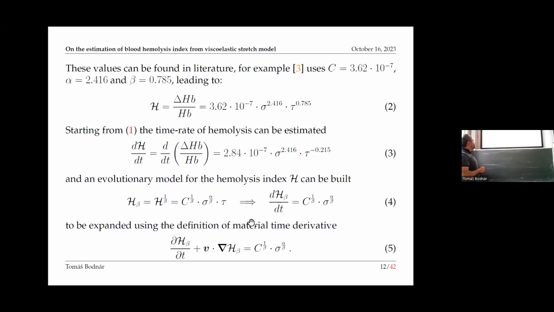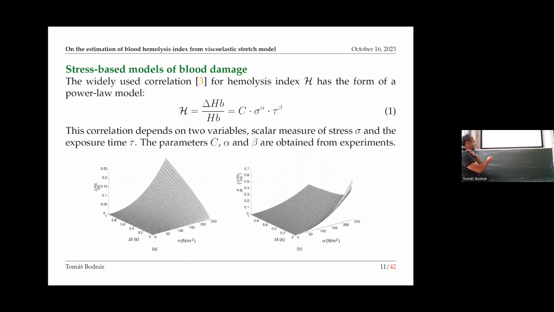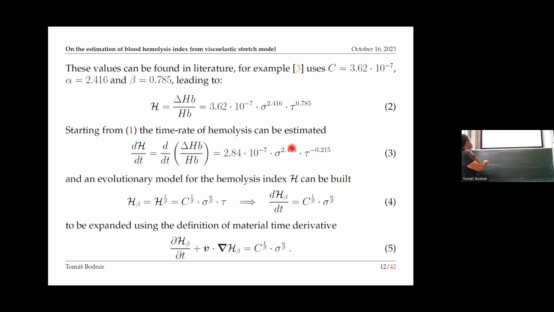this kind of dependence. The trick is that you will take the original definition of H, and you will put it to the power 1 over beta. And so this is in the first step.